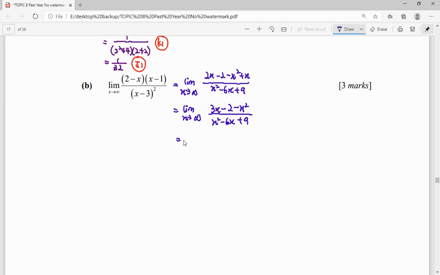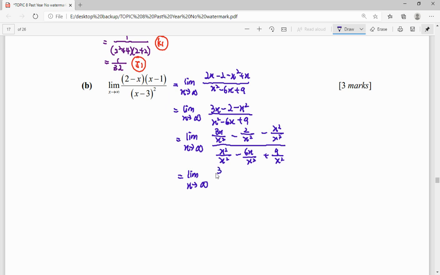So we will divide every term of this polynomial by x squared. Then we simplify our function.